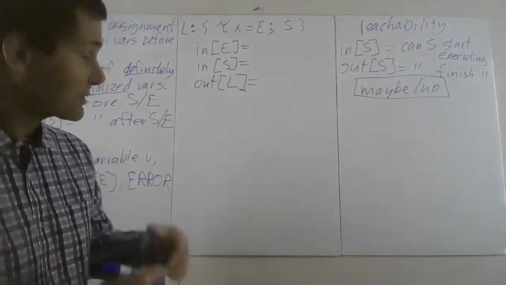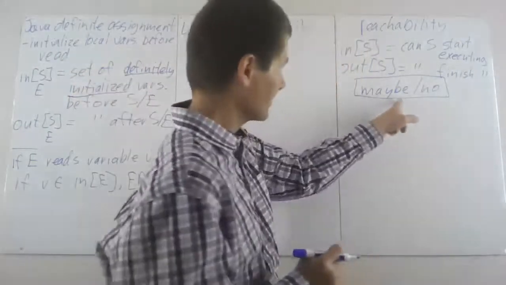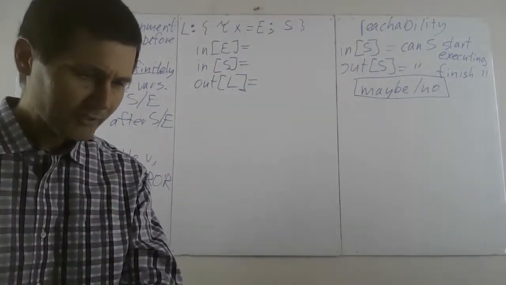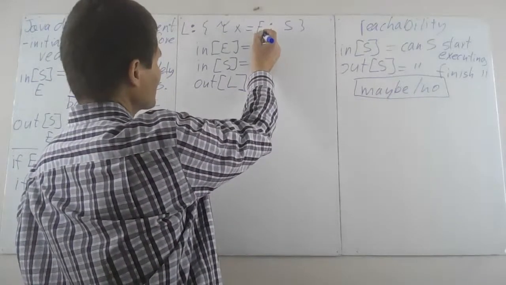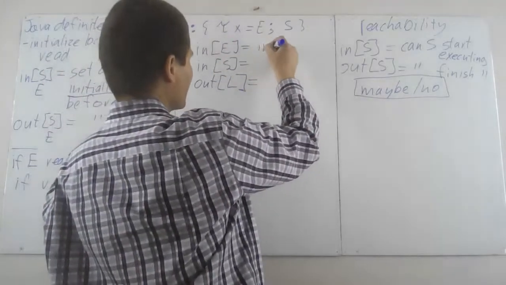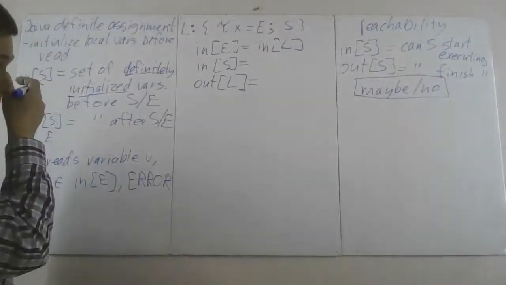A difference now is that these equations involve sets rather than values that are maybe or no. So for in of E, before E executes, what is definitely initialized? Well, it's just going to be in of L, so in of the block as a whole.